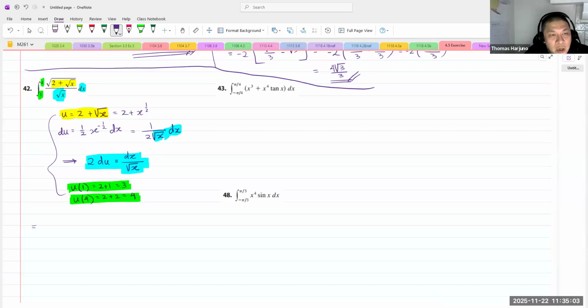So this integral becomes integral from 3 to 4 of u times 2 du. Well, this is integral from 3 to 4 of 2u du. Yeah, 2u is the derivative of u squared, right? So this is 4 squared minus 3 squared, that equals 16 minus 9 is 7.